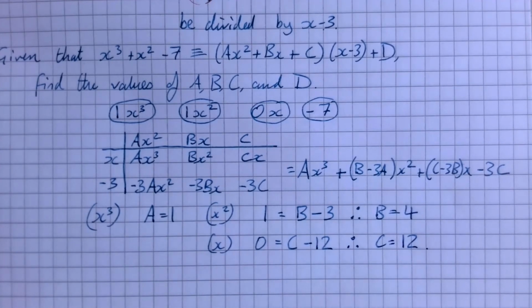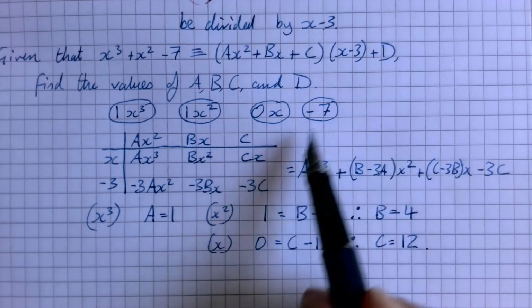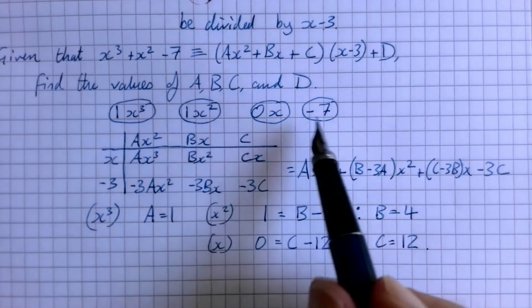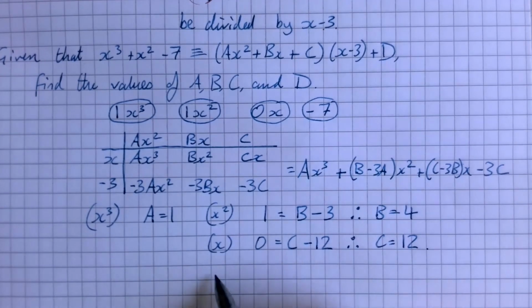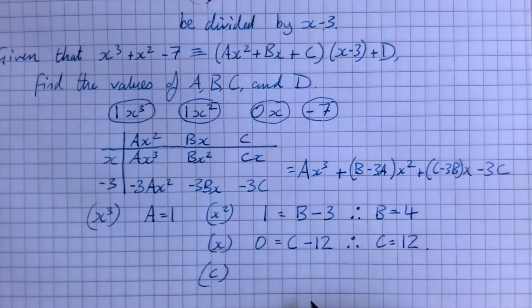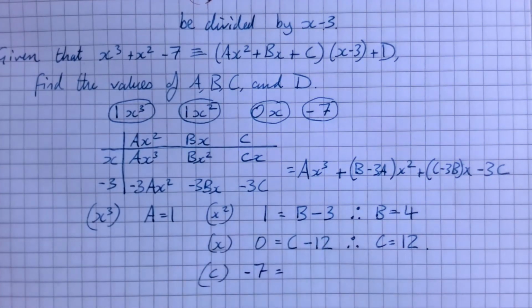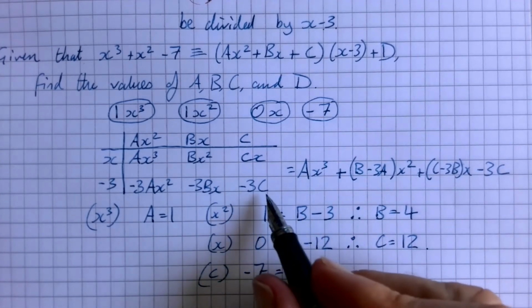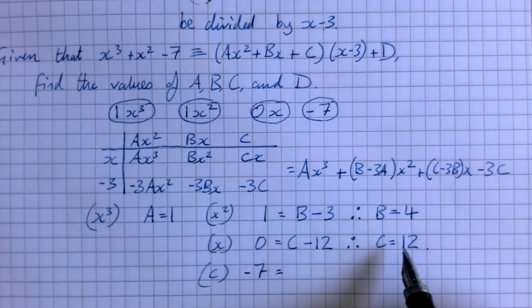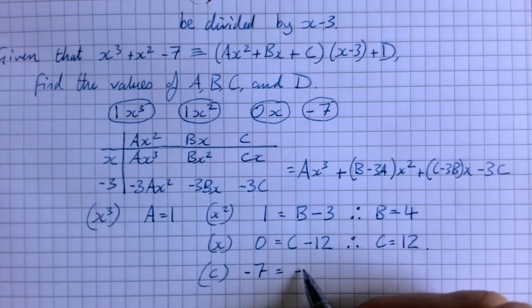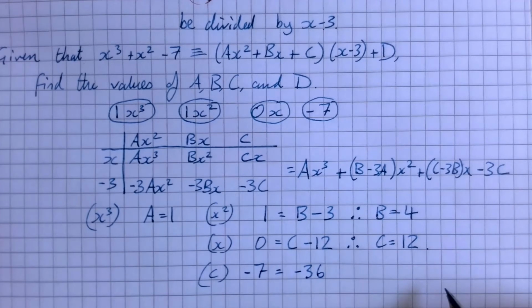But then I still need to know what my d is, and my d is going to be just my constant on the end, isn't it? I called the constant c earlier, well anyway, you get it. So the constant is negative 7, it's all going to be adding up to, and that's made up of minus 3c, which is 3 12s, 36, so that's minus 36, plus d.